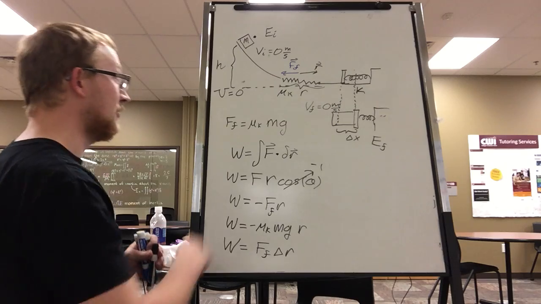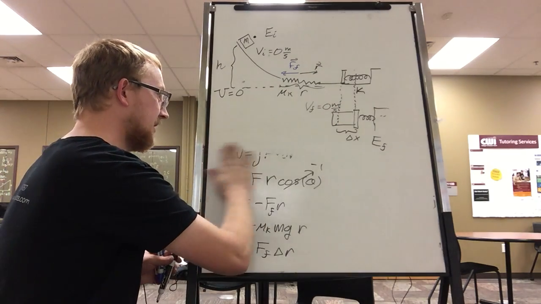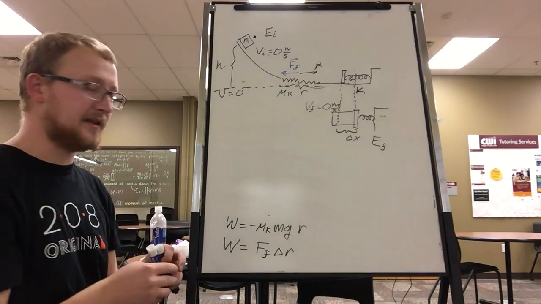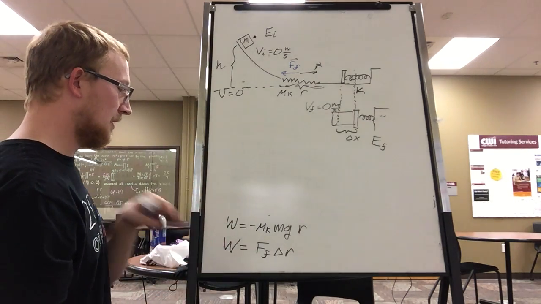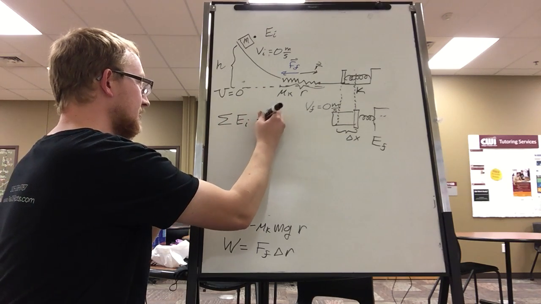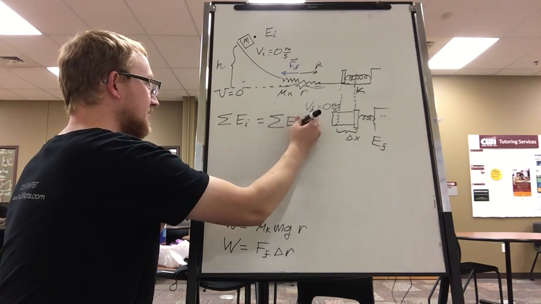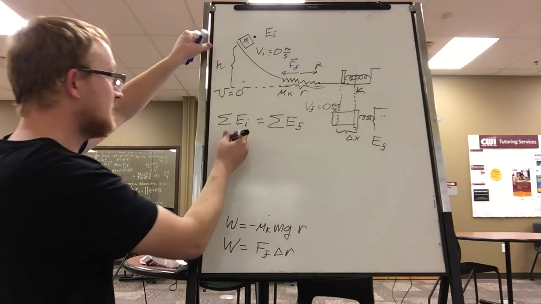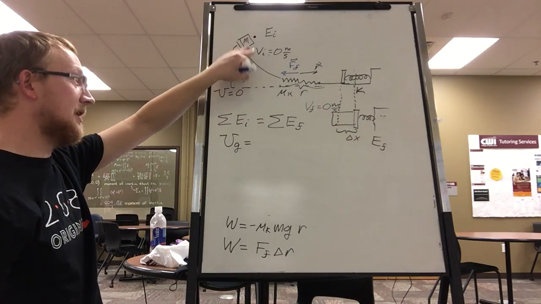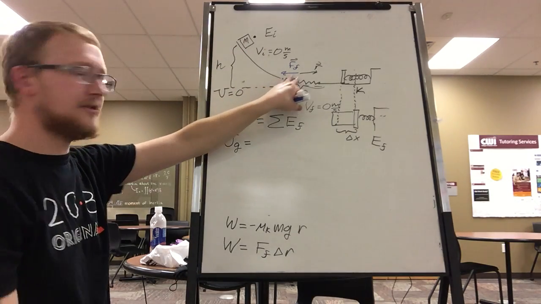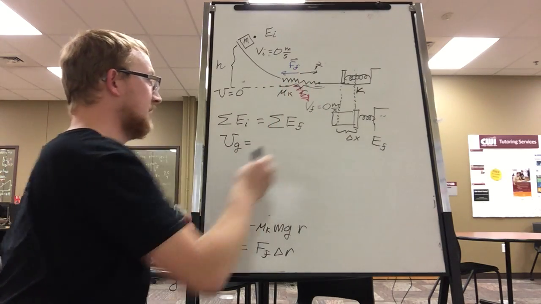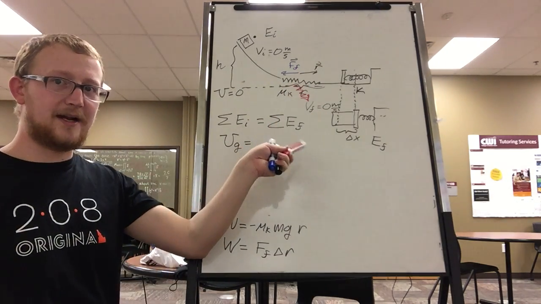And so, for example, if we want to do this problem again, you would have to draw a free body diagram to get what the normal force is at that point. But the sum of energies we started with initially equals the sum of energies final. So we still start with gravitational potential energy and nothing else. Now here's the tricky part: I consider the energy we lost due to heat part of the final term.